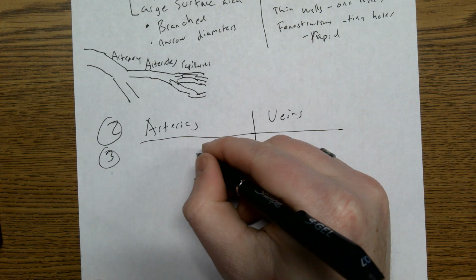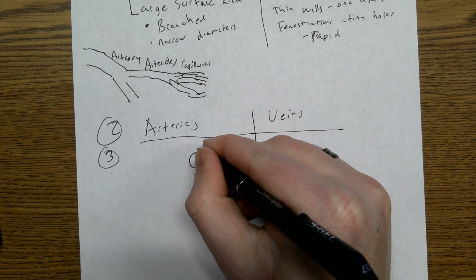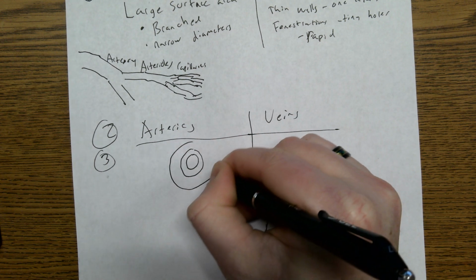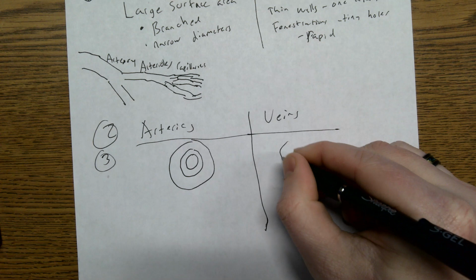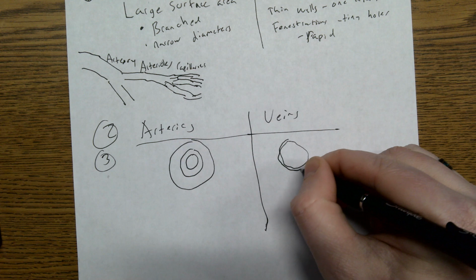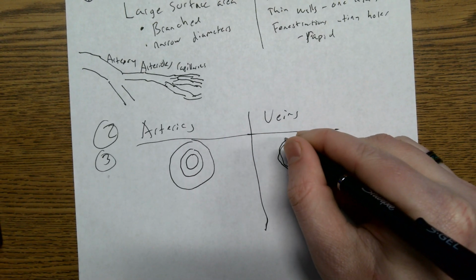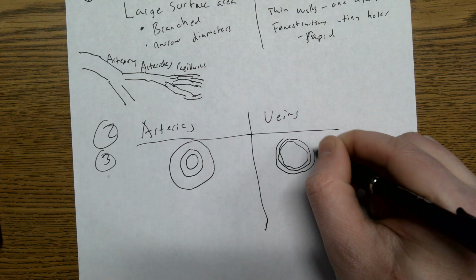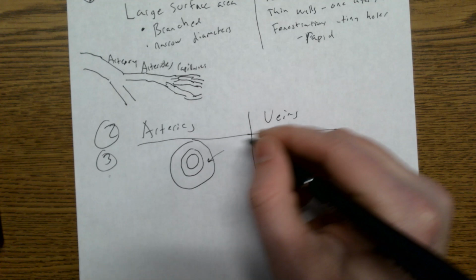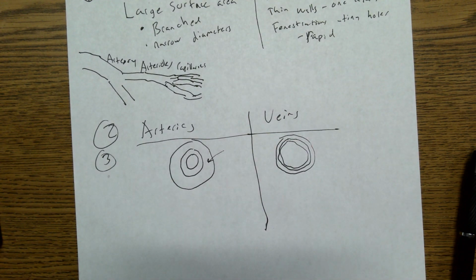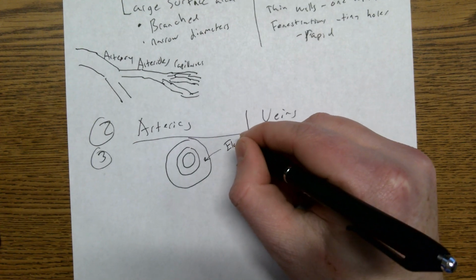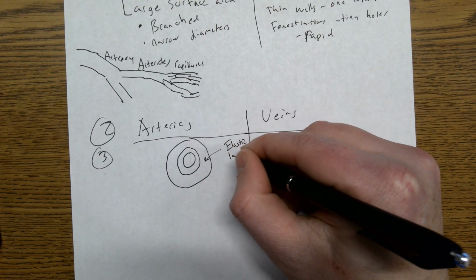So structurally, arteries look like this, whereas veins look like this. And then, so you have the outer layer. For the purposes of our class, the outer layer is the elastic layer. This is a little bit of an oversimplification, right?